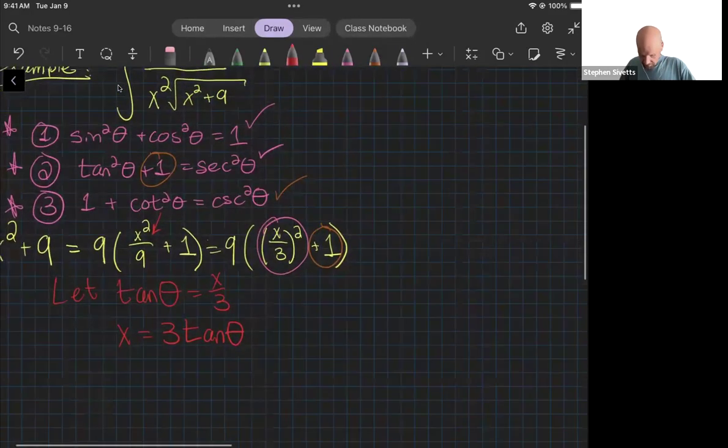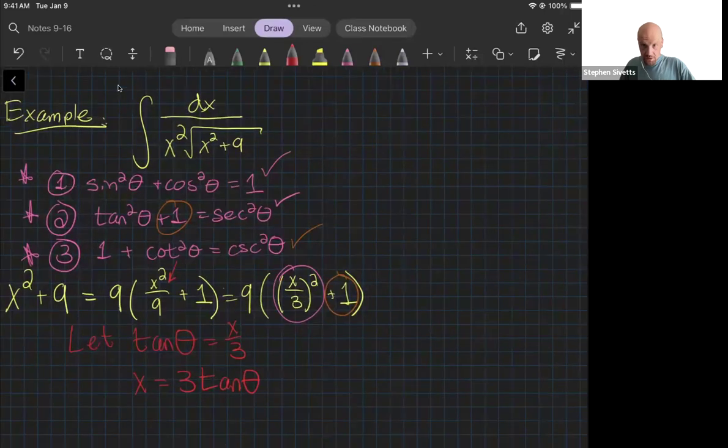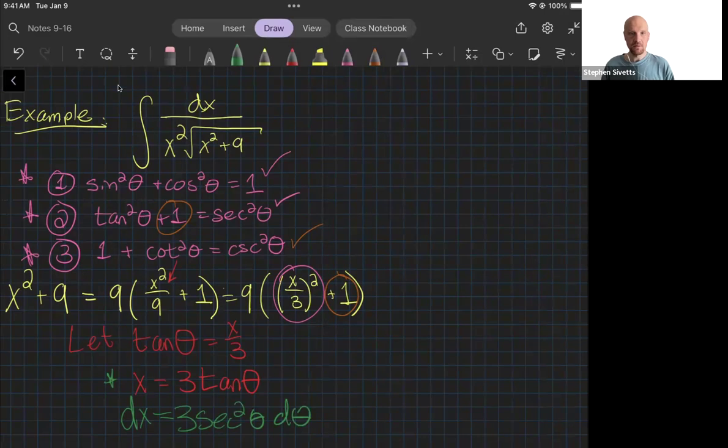All right. So we have x equals 3 times tangent of theta, and if we differentiate this equation, we'll have dx equal to 3 times secant squared of theta d theta, right?